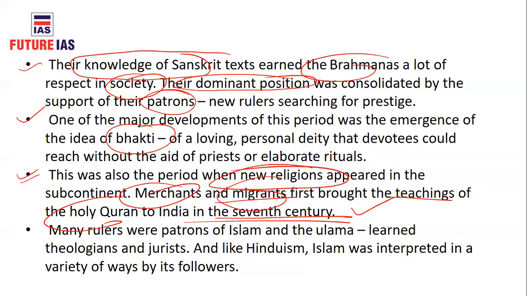So because of this idea of bhakti, which is related to personal devotion without the assistance of any priest, because of the dominant position of the brahmanas, a new religion also appeared during that point of time. And it was the right time when the religion called Islam, through the Holy Quran, was introduced in India in the 7th century itself.